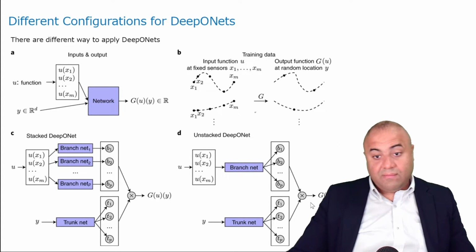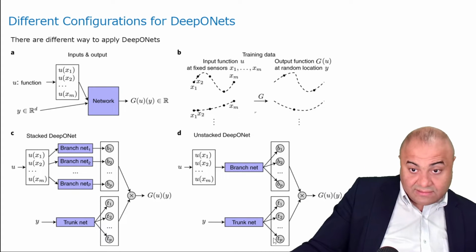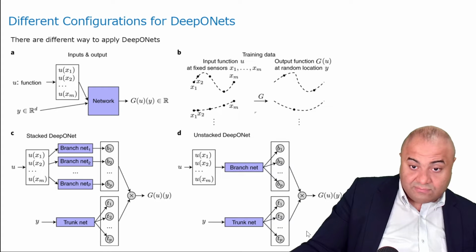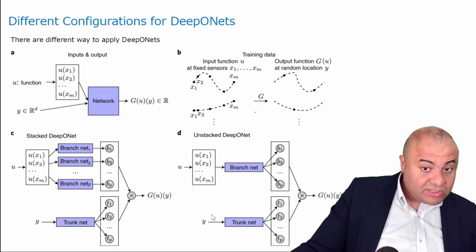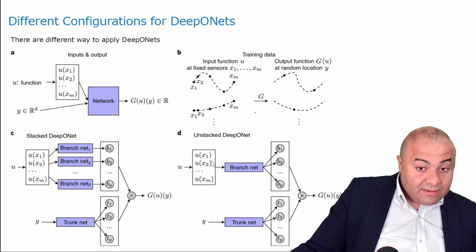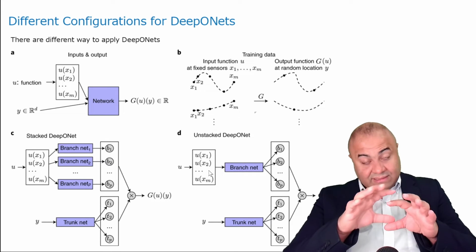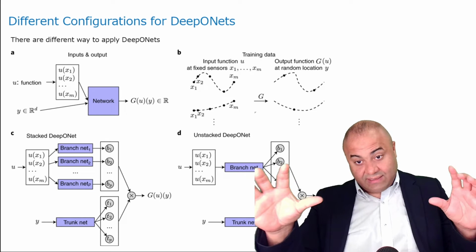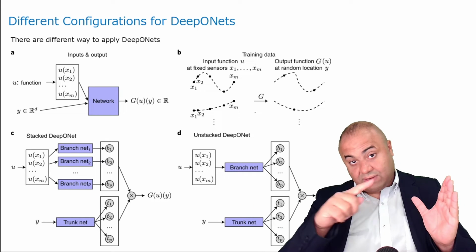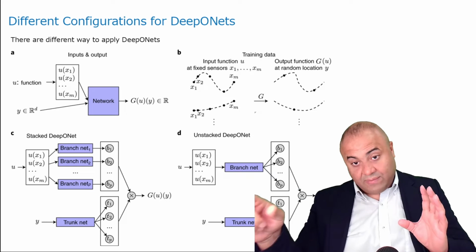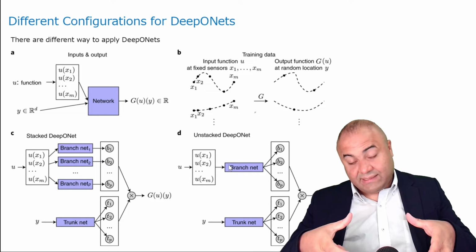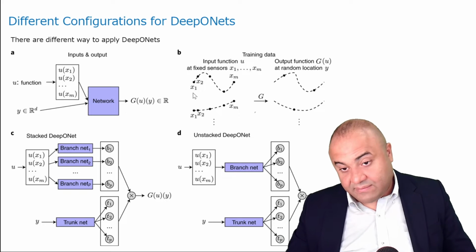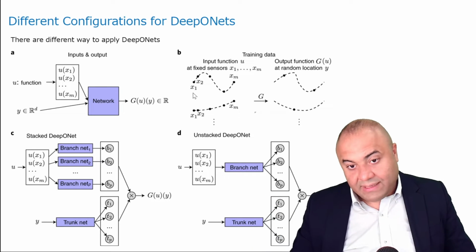Now, in our case, this architecture is the most common, and I really like it because it separates things. First, you will have a network that takes the whole system, the whole time series, the whole input system, whether it's a time series or an initial space like 2D or even 3D, it doesn't matter, it just becomes more complex.